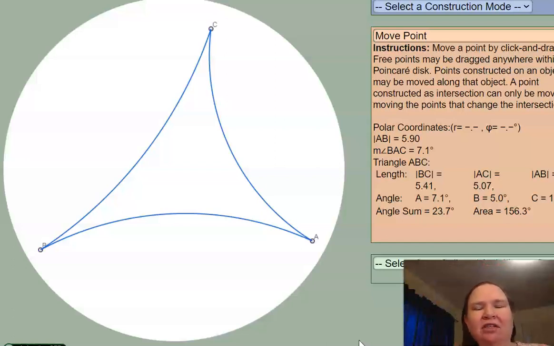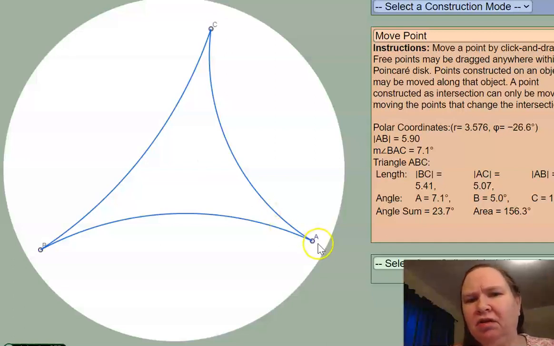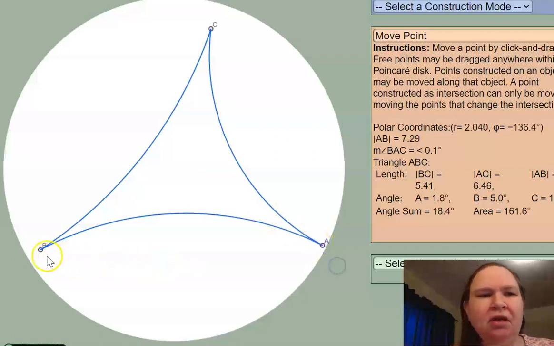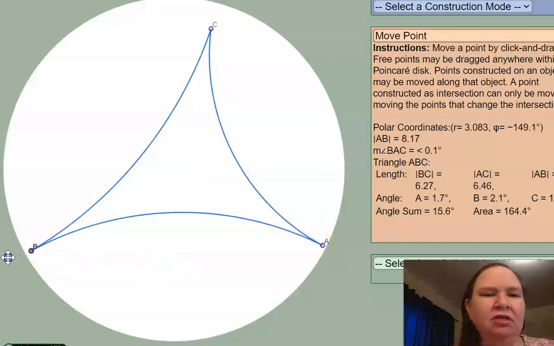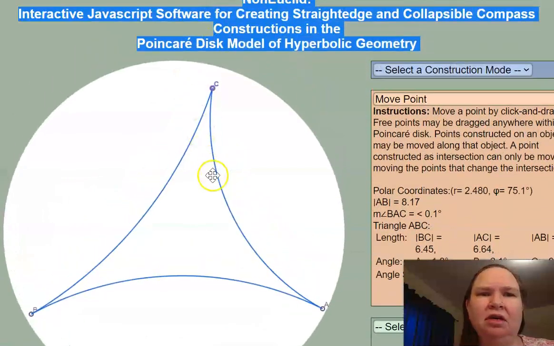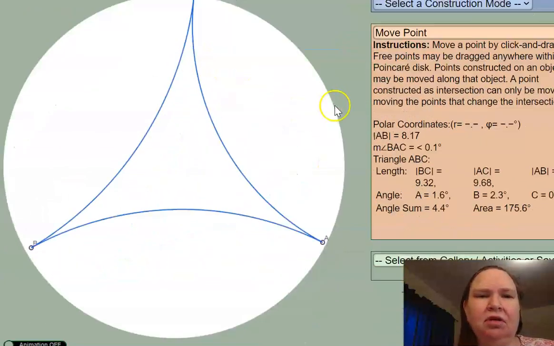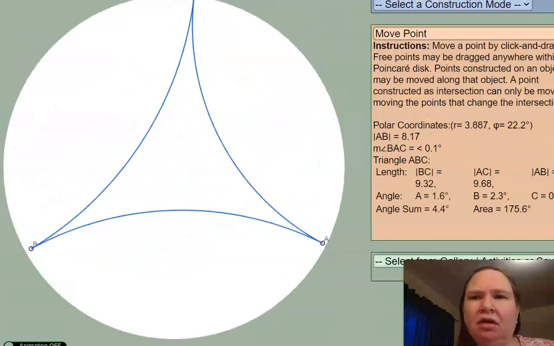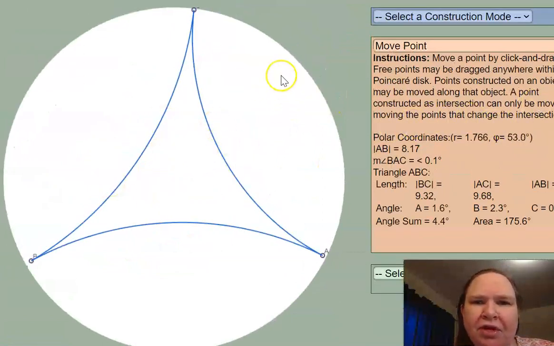A kind of surprising thing about triangles in hyperbolic space is that if you're looking at how much area they enclose, it looks like there's kind of a biggest amount of area that they can enclose. If I try and take A and B and C and move them out as close to the edge of the disk as I can, oops, then I'm not going to be able to get the triangle to be bigger than that.